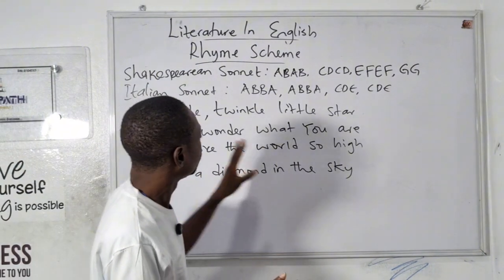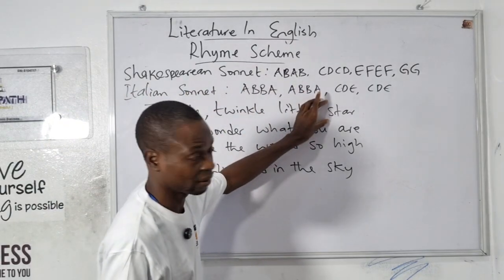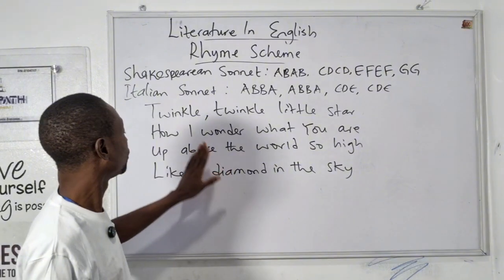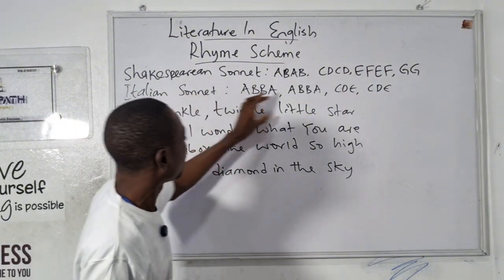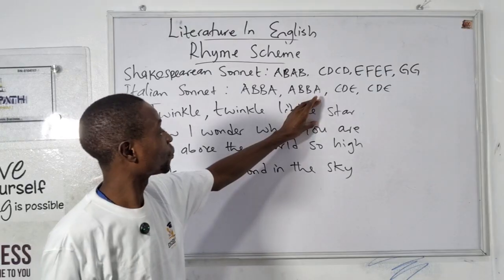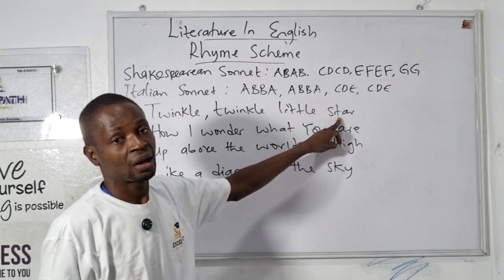I told you to check the line and go to the end of the line. This is a poem, a nursery rhyme. The first line, we are mostly concerned with the last word in the line: star. Are you with me?